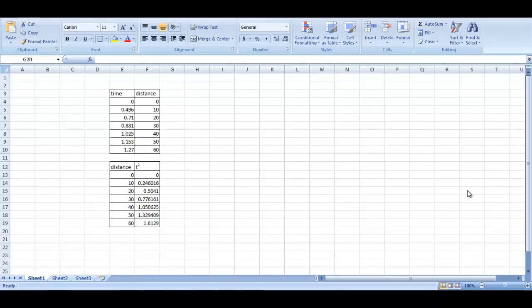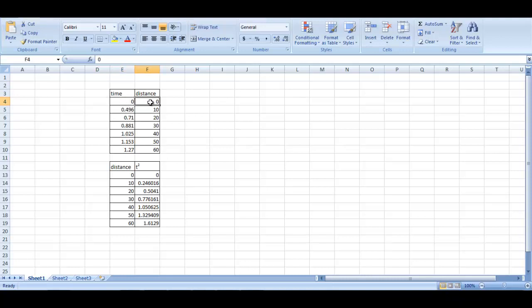And now we move to the table of data, and we will process the data as well. And in this table, as you can see, on the left column is the time recorded, on the right column is the distance.